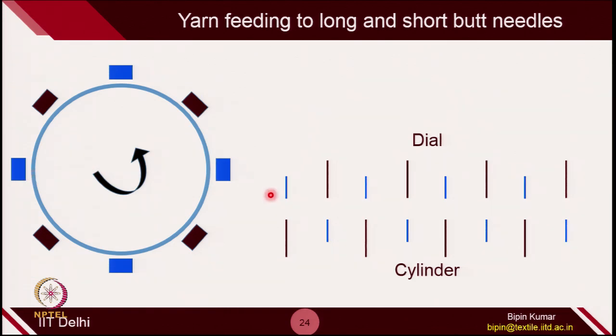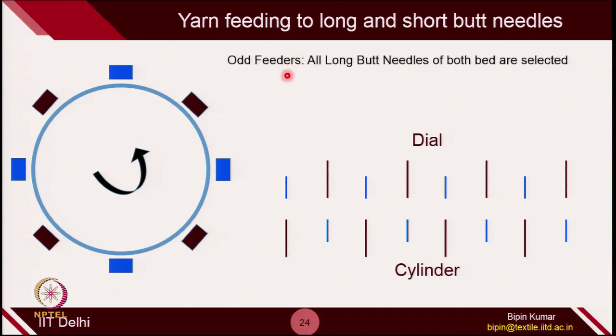You can see the blue one, which represents the short butt needles, catching feeders alternatively. It first catches here, after a 90-degree turn it catches the feeder here, again after a 90-degree turn it catches. So, it is leaving the feeders alternatively. For odd feeders, all long butt needles of both beds are selected.